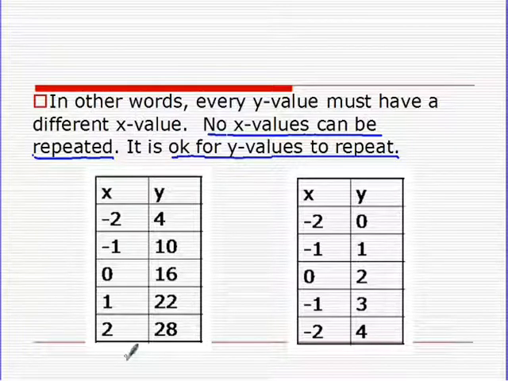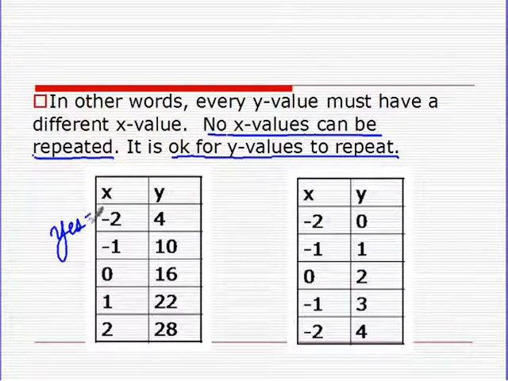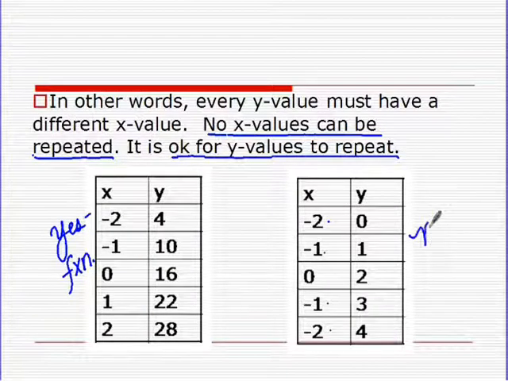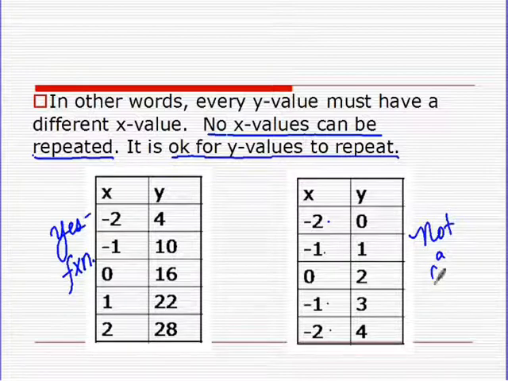Hopefully, what you said to yourself is, no, there's no repeated x values, so that means yes, this is a function. Okay. On the second one, right, I'm looking at my y's, they're fine, but when I look at my x's, I see -1 twice, and I see -2 twice. Repeated x values mean not a function.